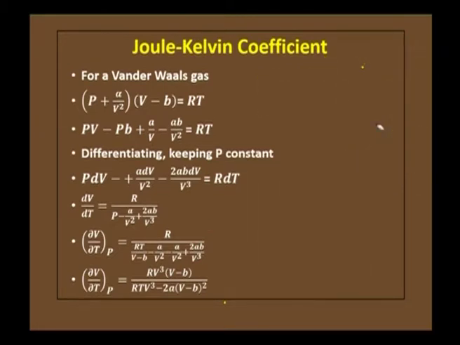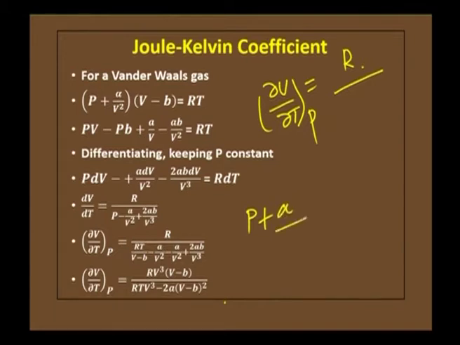Therefore, I can rearrange this equation as dou V by dou T at constant pressure is equal to R divided by, in place of P, I can write: p plus a by V squared is equal to RT divided by V minus b.